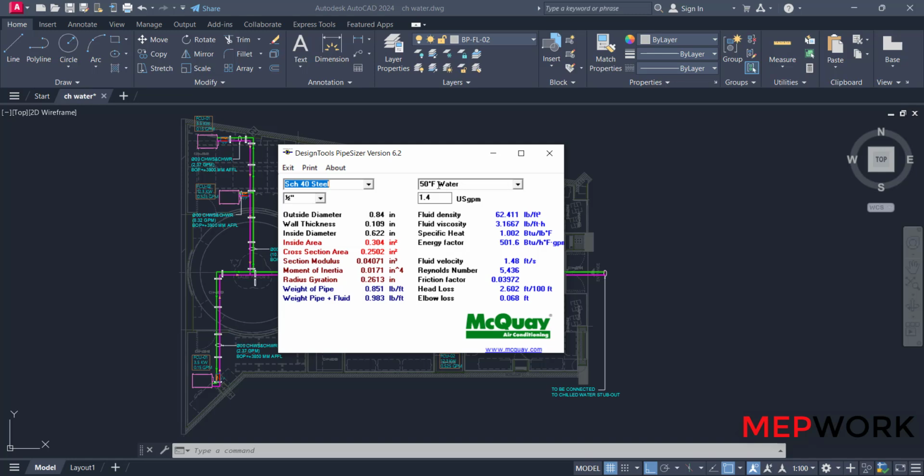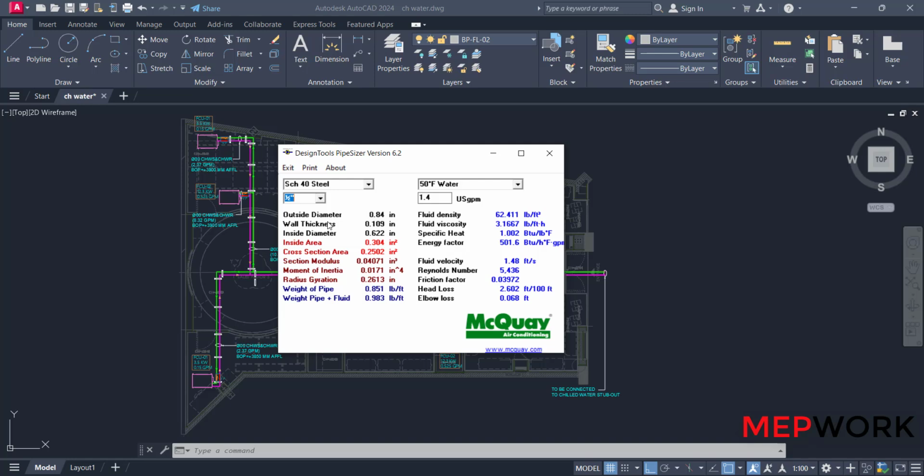In our example, it will be 50 degree Fahrenheit water, which is 10 degrees Celsius. From this menu, we select the pipe size in inches. And from this cell, we get the maximum flow rate. This is the maximum flow rate relevant to the size.